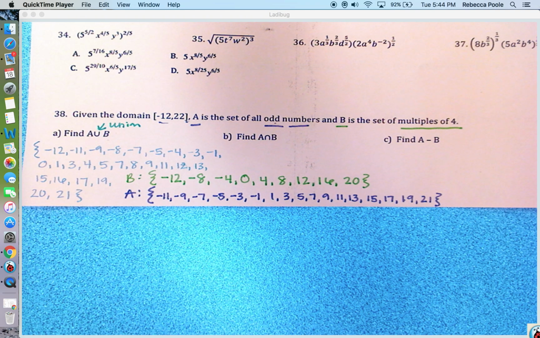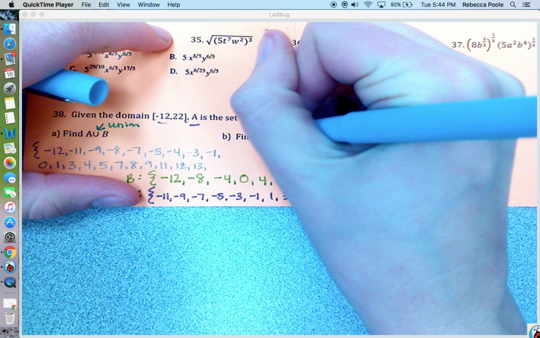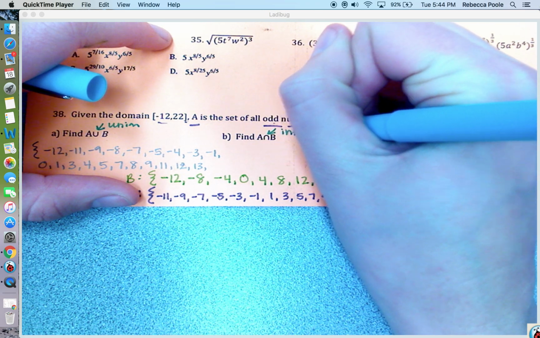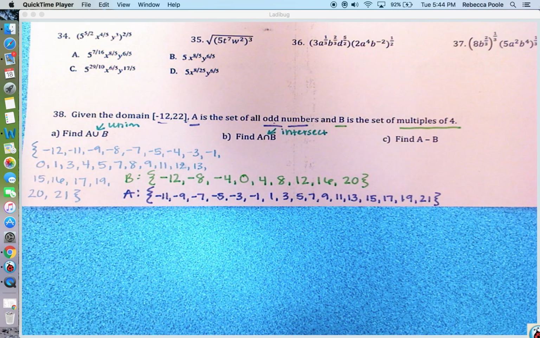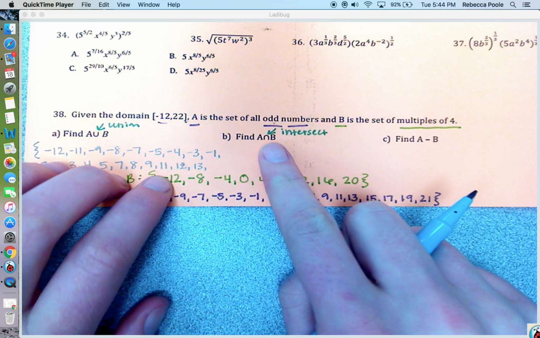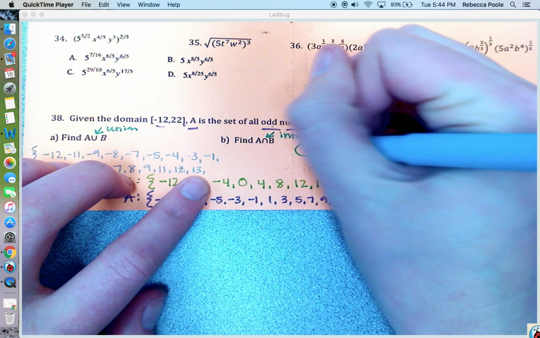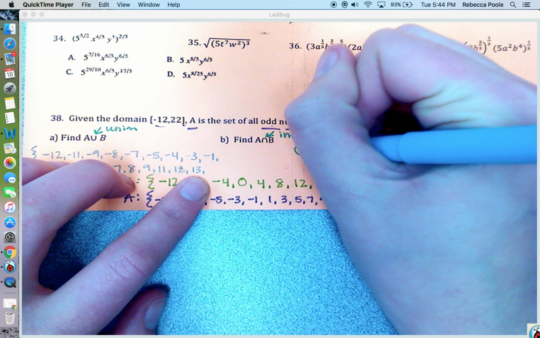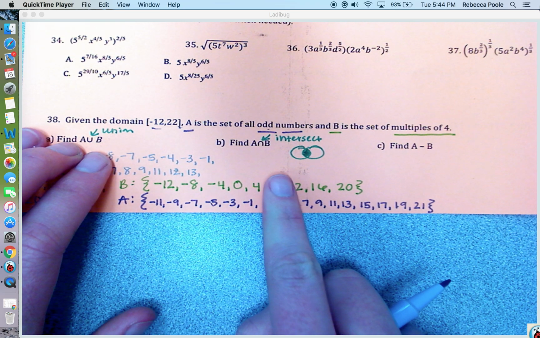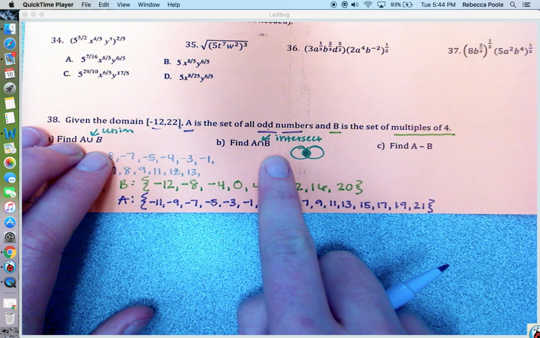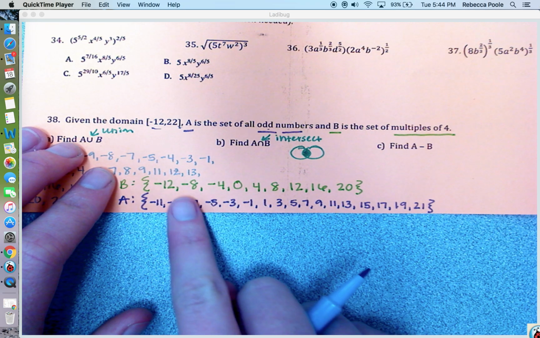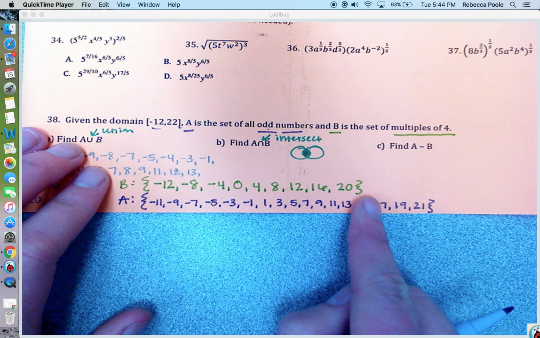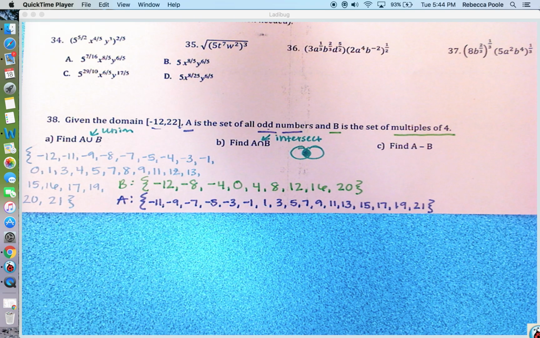So for the next part, when we're looking for A intersect B, part B, remember the upside down U is an intersection. That means I want any number where A and B overlap, which means these are numbers that have to be in both A and B. So if you look at A and B, are there any numbers that they have in common?